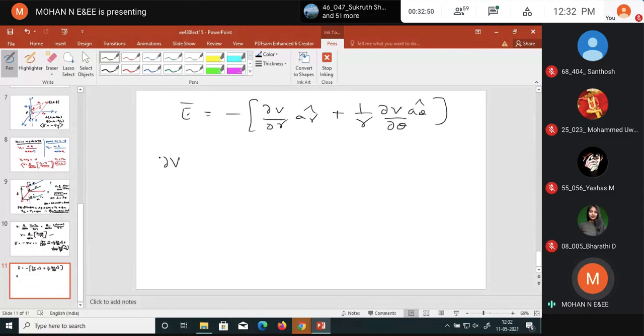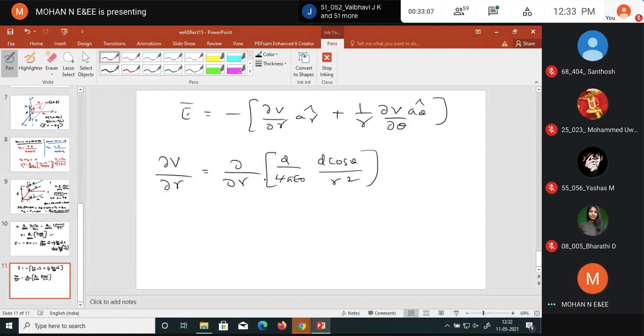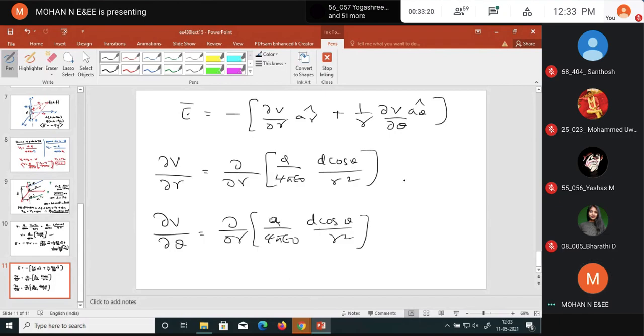So you have to differentiate V with respect to R, that means ∂/∂R of Q d cos θ by 4πε₀ R², and also with respect to θ once. Okay, so Q d cos θ by 4πε₀ R².